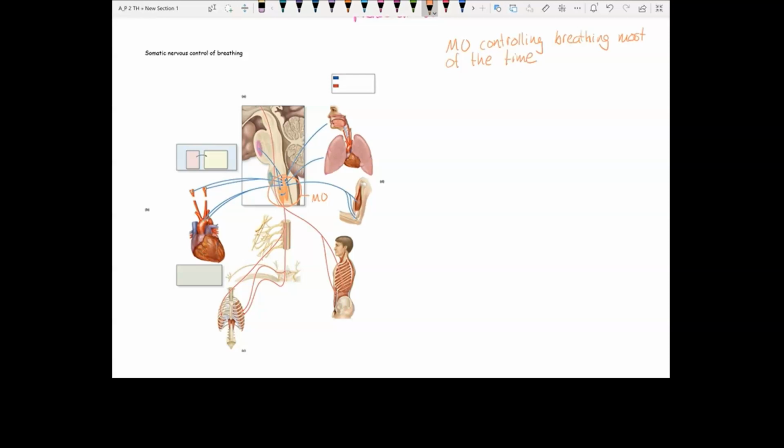Well, if it's going to control your breathing, it needs information. It has to have a way to decide what it should do with your breathing. So first, let's look at the information that your medulla oblongata uses to determine how much you should breathe.